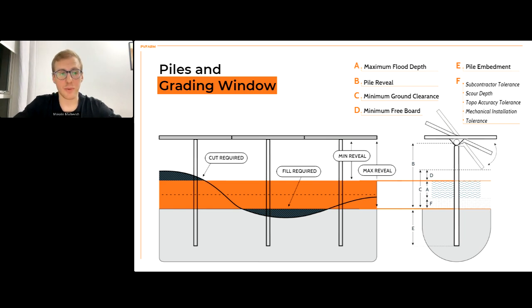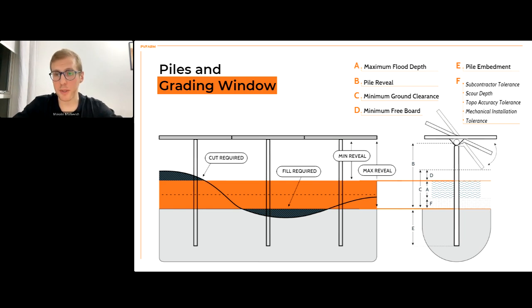It looks like the grading window concept is pretty well known in the industry, but we usually consider grading window as max reveal minus minimum reveal, right? And there are many considerations that can be included in the grading window. First of all, and probably the most impactful one, is the maximum flood depth, right?